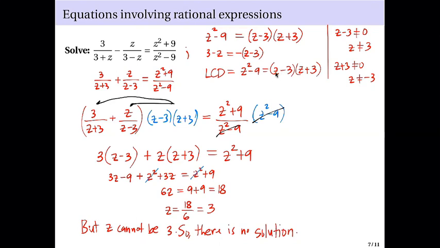So if you want to cancel your 3 minus z using your z minus 3, a negative 1 will come out. That negative here. Okay? Thanks. You're welcome.